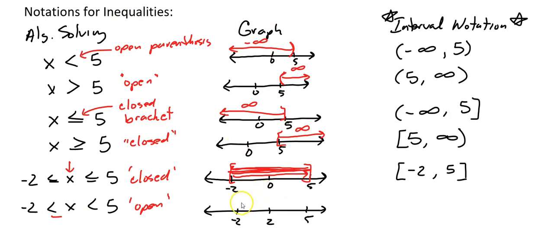So put an open parenthesis here, and close your parenthesis there. It's everything in between. Whenever we do the interval notation, you're going to get negative 2, comma, 5, in parentheses.